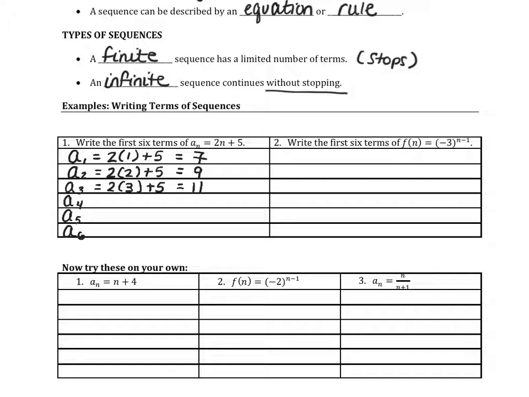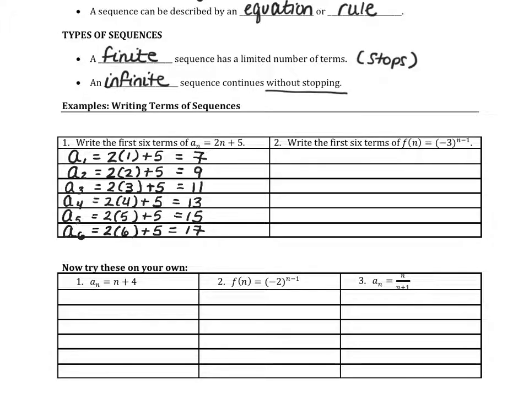Our fourth term: 2 times 4 is 8, plus 5 is 13. Our fifth term: 2 times 5 is 10, plus 5 is 15. And our sixth term is 2 times 6, which is 12, plus 5, which is 17.